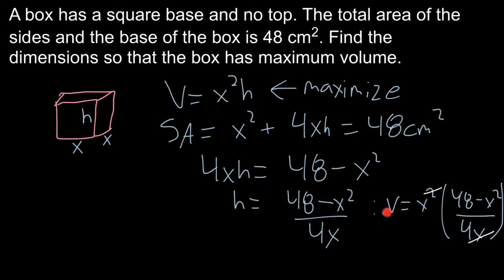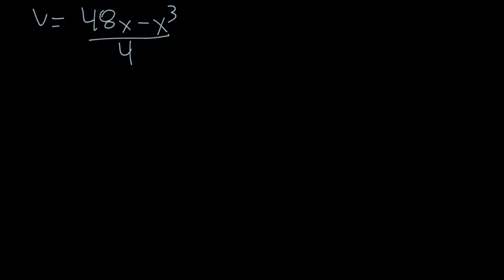Now if we look, our volume is just in terms of x. We're going to need to clean up the equation a little bit, but we can see that volume is only in terms of x, so we're going to be able to differentiate it. So here I have volume written as 48x minus x cubed over 4. I multiplied in the x.